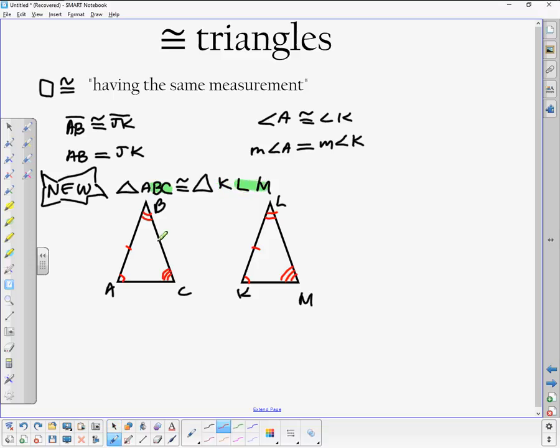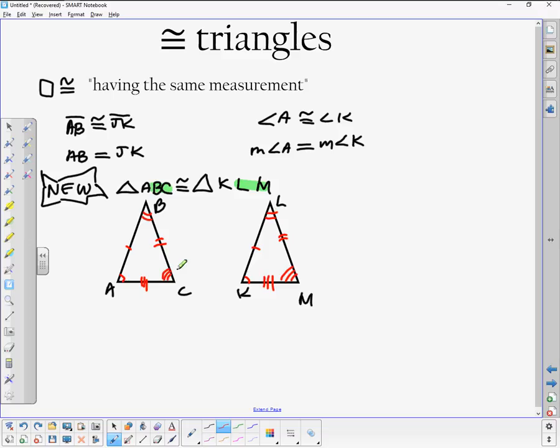And the first and the last letter, AC with three tick marks, is congruent to KM, first and last. This means the following: angle A is congruent to angle K, but angle A is not congruent to angle L.